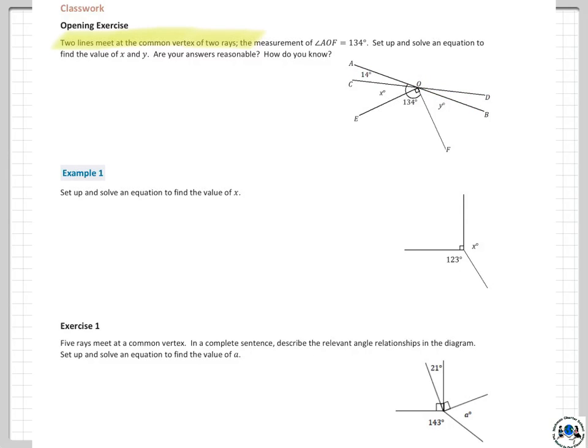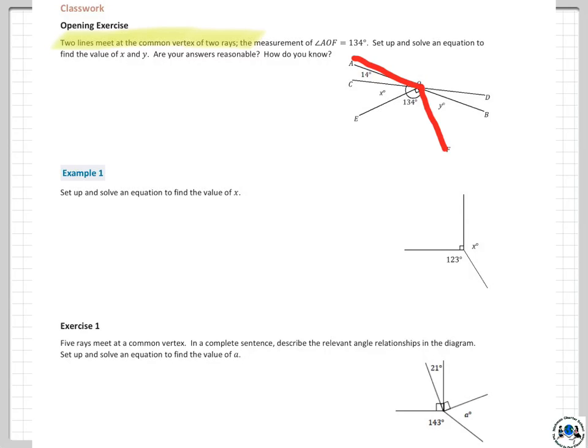And then these here are our rays, EO and FO, or OE and OF, whatever. Now we know the measurement of angle AOF, that's this right here, is 134 degrees.